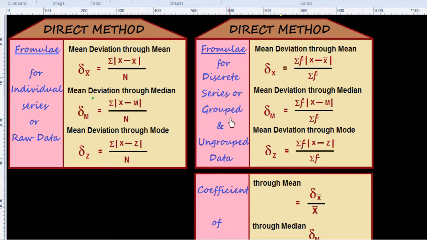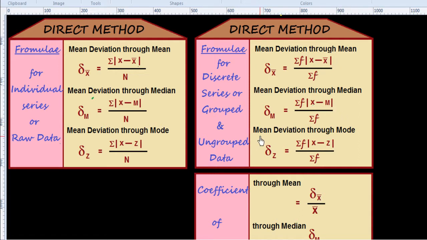Here you see the direct method for discrete series, grouped data and ungrouped data. Mean deviation through mean: delta x bar is equal to summation of f into absolute value of x minus x bar over summation of f. Similarly, mean deviation through median, delta m is equal to summation of f into mod of x minus m over summation of f.